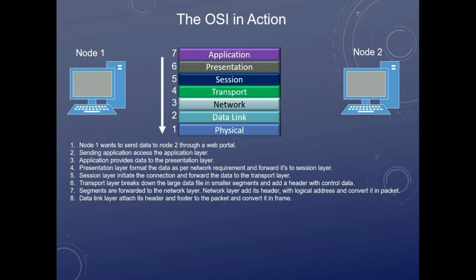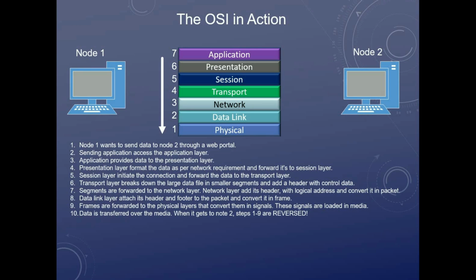The data link layer attaches its own header and footer and converts it to a frame. Passes it down to the physical layer, which is converted to signals. They're converted to bits. Those bits are loaded onto the media and it's sent across the network. When it gets to node number 2, the steps are reversed.